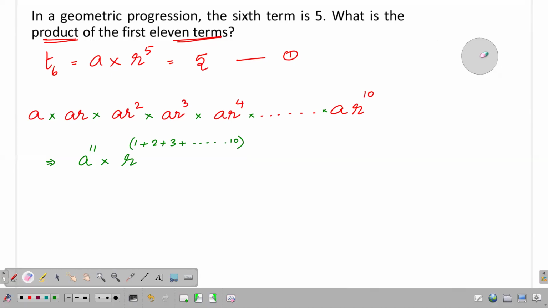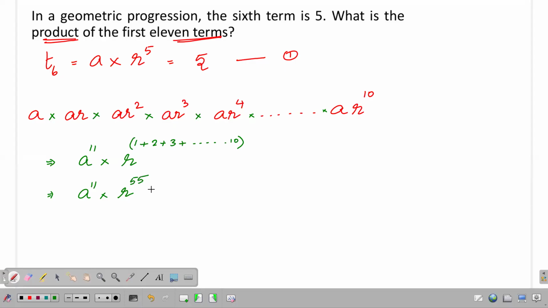So that rule is what I just applied here. So you can say R into R square into R cube into R power 4 etc. is as good as R raised to 1 plus 2 plus 3 etc. up to 10. So this will result in A power 11 into R power 1, 2, 3 etc. up to 10. The sum of first 10 natural numbers is equal to 55.